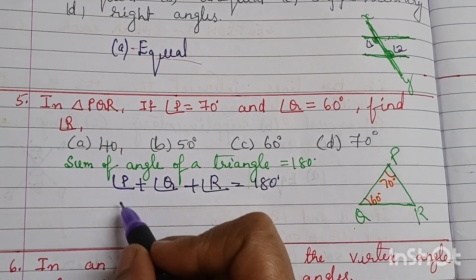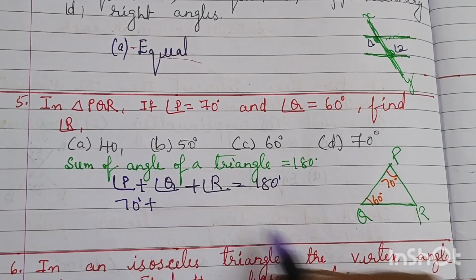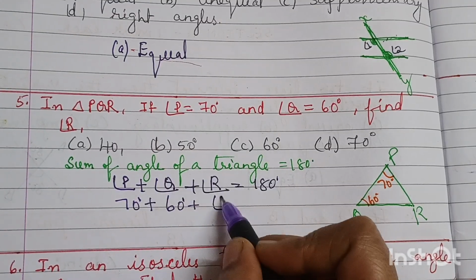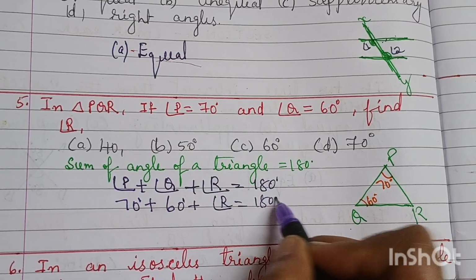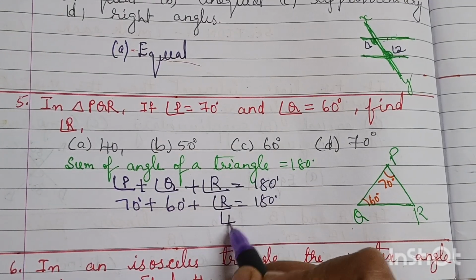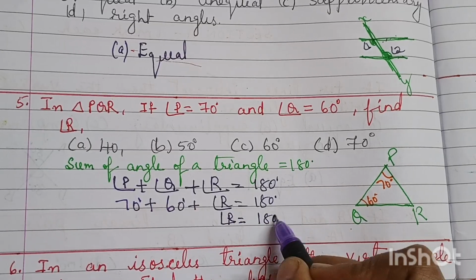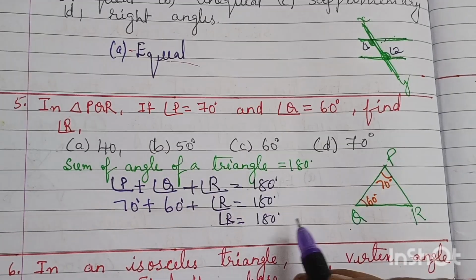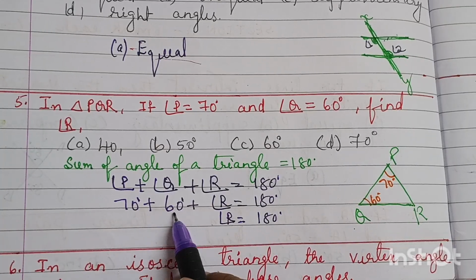Angle P is 70 degree plus angle Q is 60 degree, angle R we have to find, equal to 180 degree. So angle R equals 180 degree minus 130 degree, since 70 plus 60 is 130.